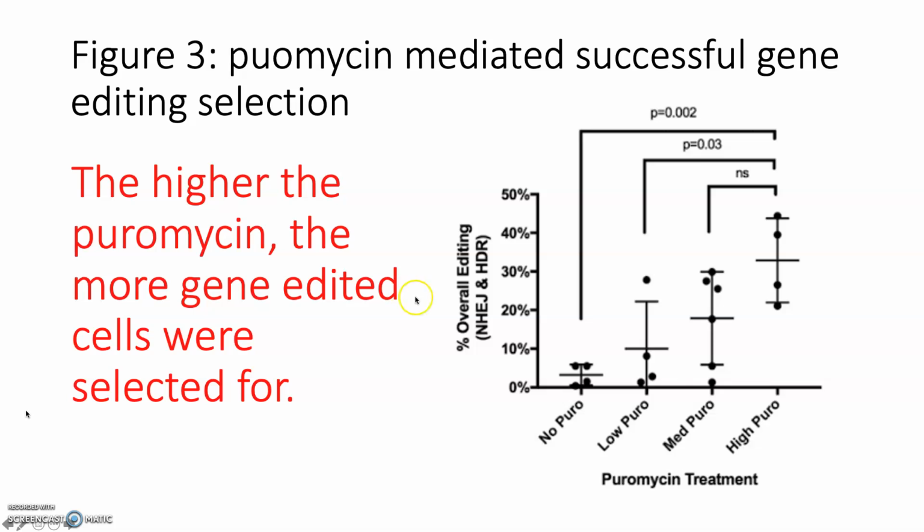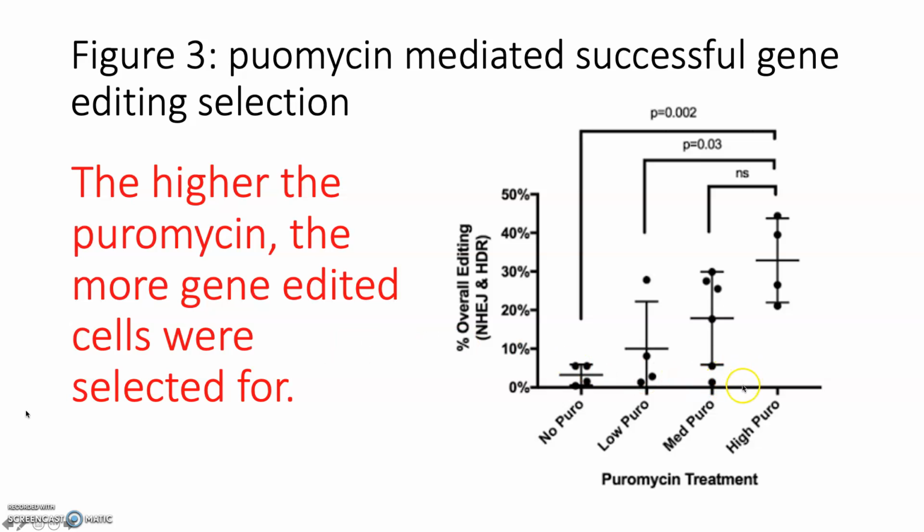This is not to say that if you increase puromycin, gene editing will be more efficient in general. It's saying that because puromycin is increased, there are fewer cells that can survive if they don't have the puromycin resistance gene expressed.